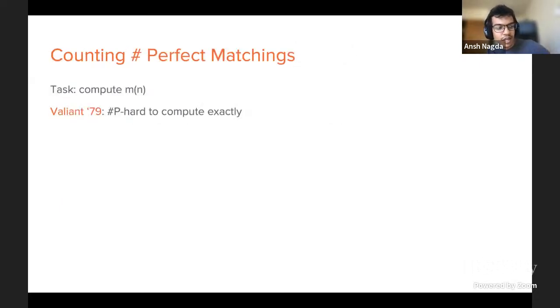The main algorithmic task we're concerned with in this talk is: can we compute the number of perfect matchings? It was shown by Valiant that it's #P-hard to do this computation exactly, so we are going to have to settle for an approximate computation.